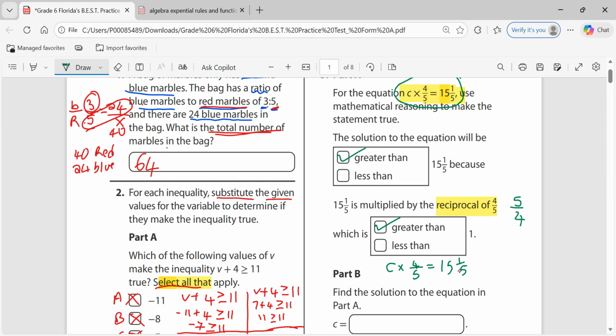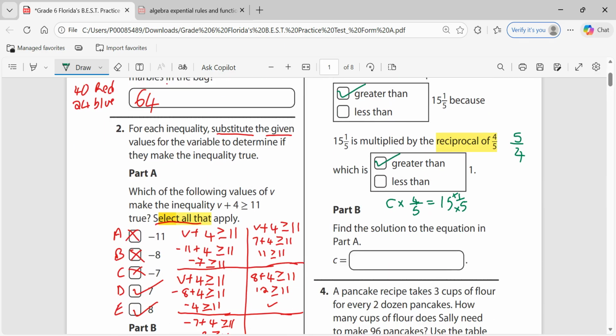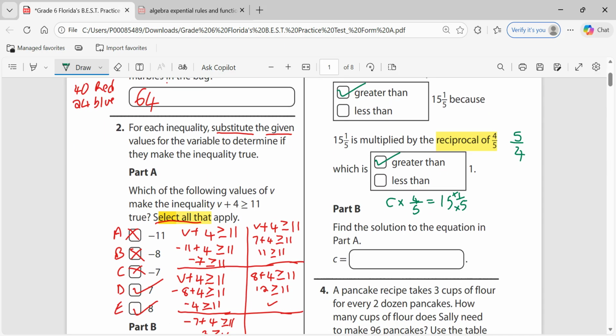To make this improper, you're going to multiply the denominator by the whole number, and then add the numerator. So C times 4/5 is equal to 76 over 5.